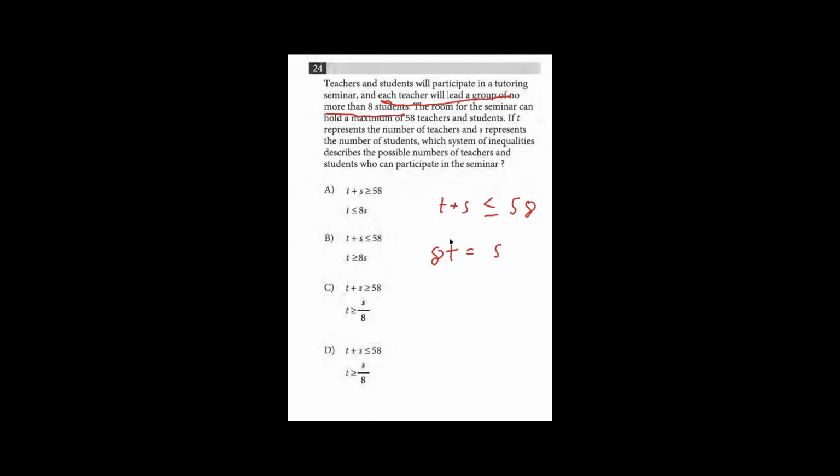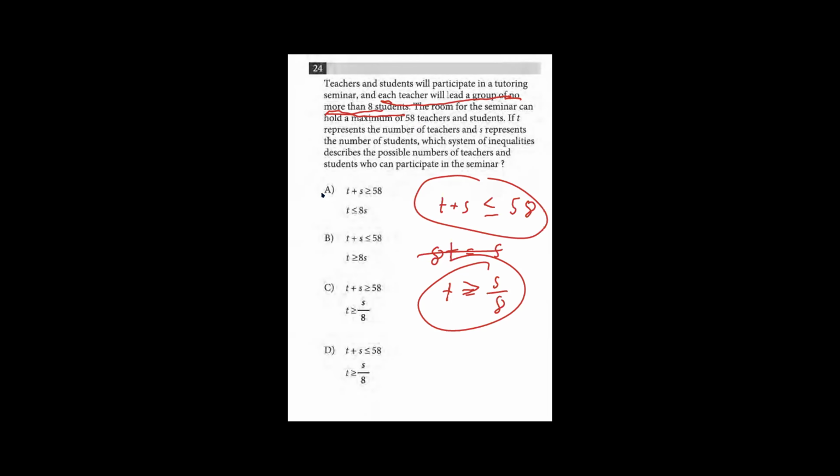And in this case, all the answers have t by itself, so we just take t equals s over 8 because we divide both sides by 8. So these are our two inequalities. This wouldn't be equals to; this says no more than 8 students, so this would actually be greater than or equal to s over 8.